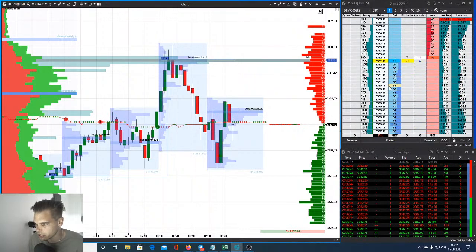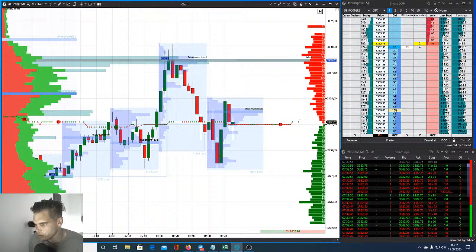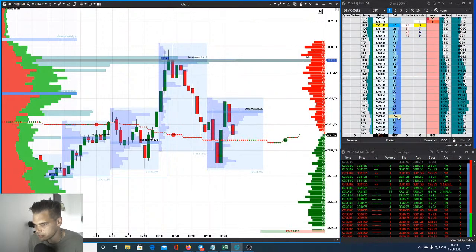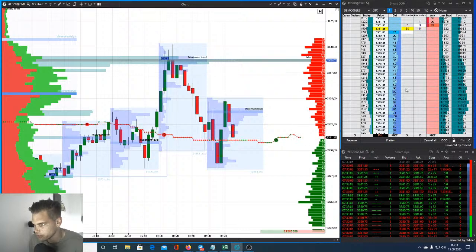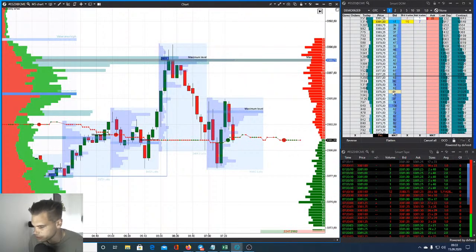It's getting interesting as soon as we hit these levels and see what happens, whether this guy who's in here takes out all the orders at once, and to know whether it's one guy or not. If not, we want to see how the market absorbs these buy limits. If the sellers just absorb it and take it, and the market moves down, then we know there are big sellers in the market.